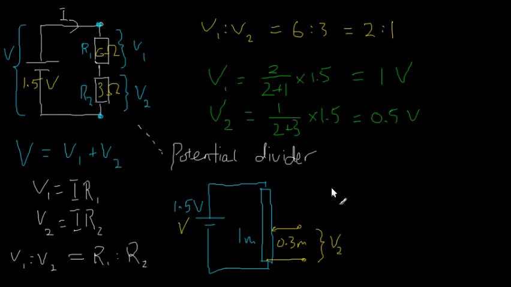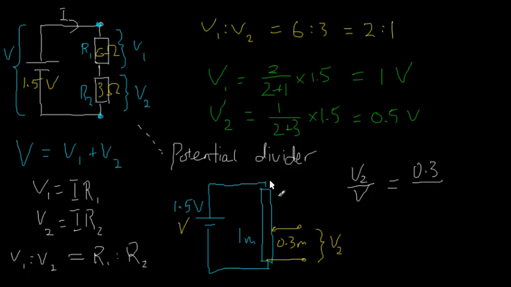So from what was said just now, the V2 here is proportional to the length. Okay, if I slide this all the way up here and change the 0.3 to 1 meter, then V2 would become just equal to V. Okay, so what I have here is a relation. Because the voltage is proportional to the length, then V2 over V would be equal to, now V2 corresponds to this length, 0.3.